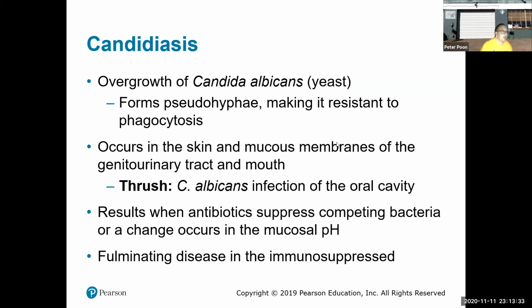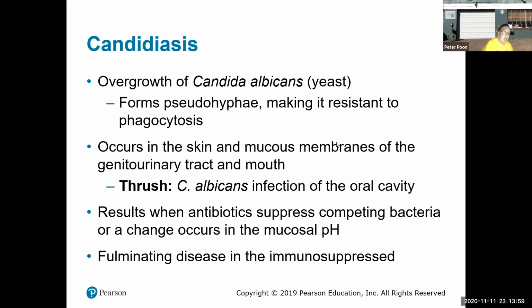Candida albicans. They're already in the vagina, and what happens is when antibiotics suppress the competing bacteria, this can grow. It can also be changes in mucosal pH.